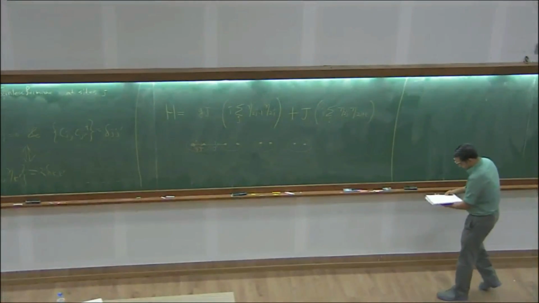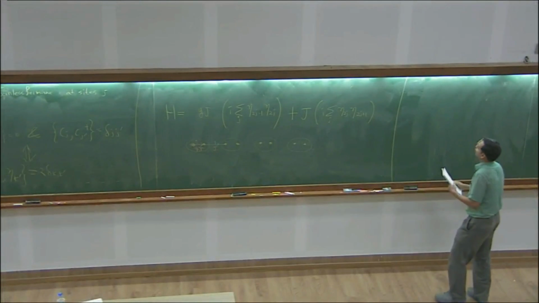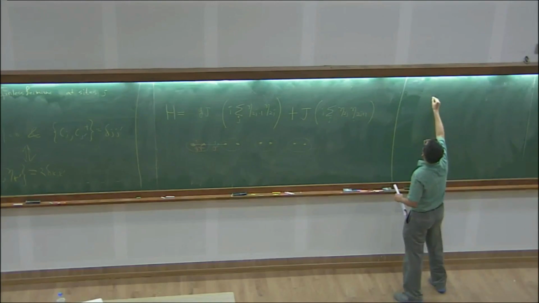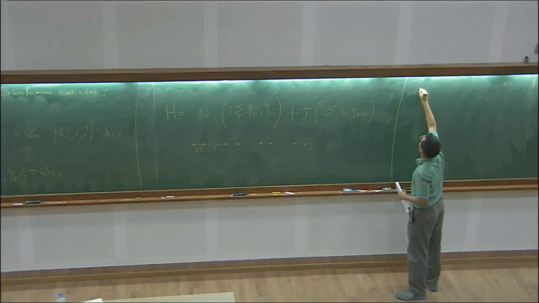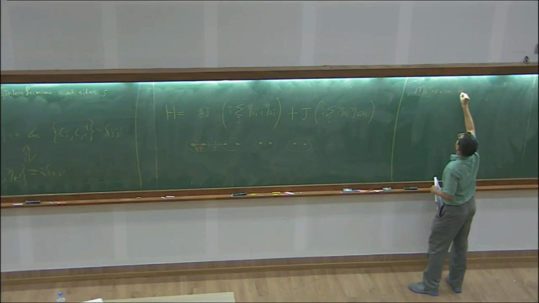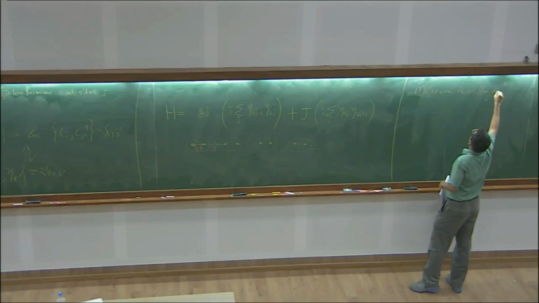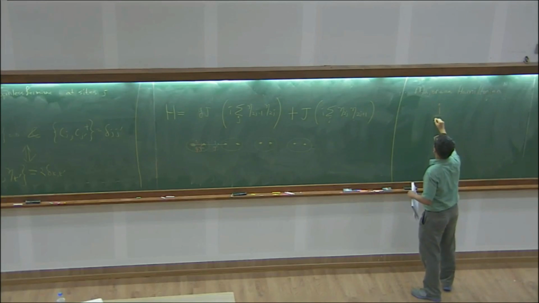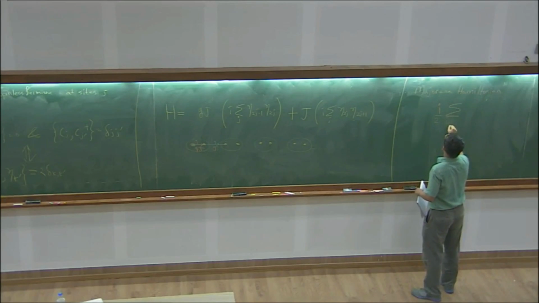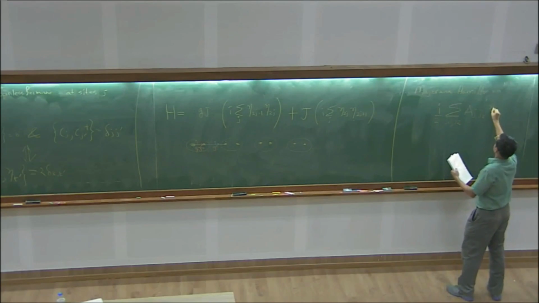Okay? And the claim, let me make first. The claim is the following. If I have a Majorana Hamiltonian, which I write in general as i over 2 sum over j1, j2, some anti-symmetric matrix A j1 j2, eta j1 eta j2.